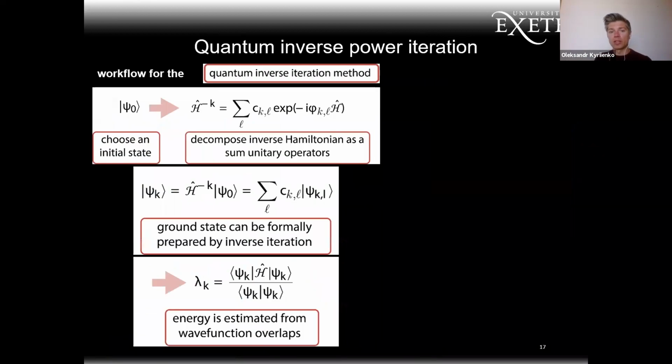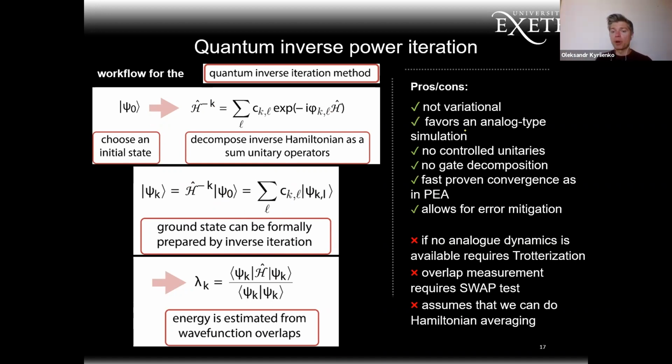So let's recap the quantum inverse iteration. We start with some initial state and we decompose the inverse Hamiltonian to some power as a linear combination of unitaries. We will apply this operator to the initial state and get some approximate eigenstate, and by some composition of wave function overlaps, we will measure the energy.